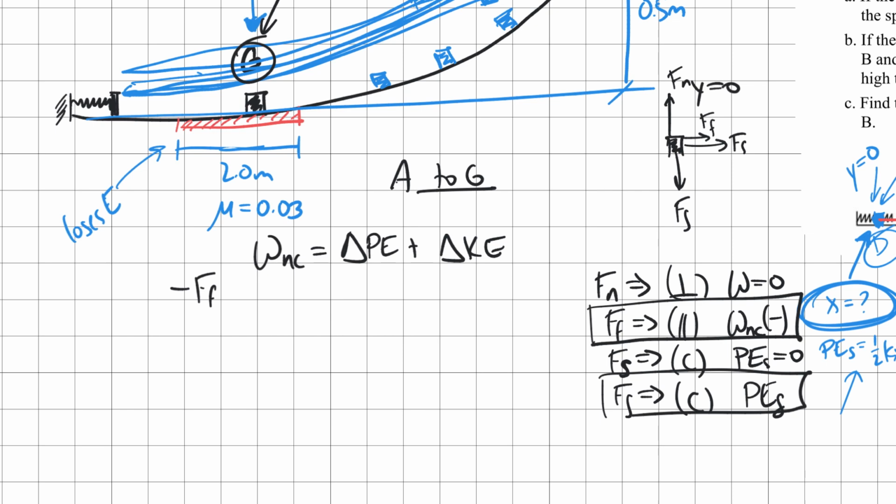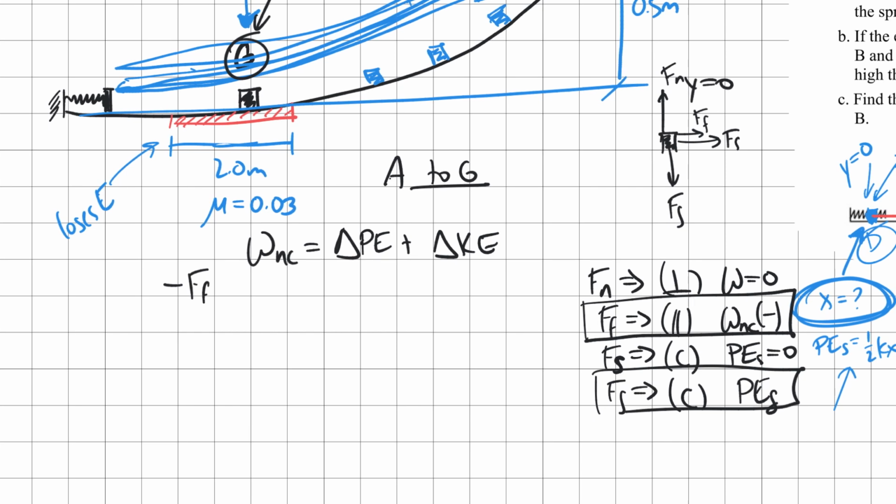Now I have to deal with the fact that I need a distance, right? Force times distance. I don't know how many times this thing is going to pass over that particular block, so I can either solve for the total distance by just calling that x, which is what I think I'm going to do, or alternatively, put n for the number of passes times L for the length of the block.